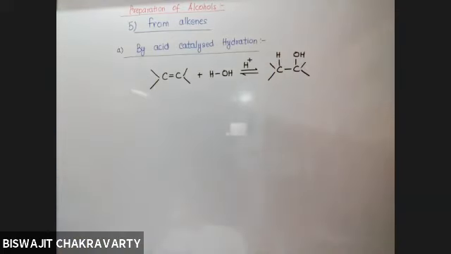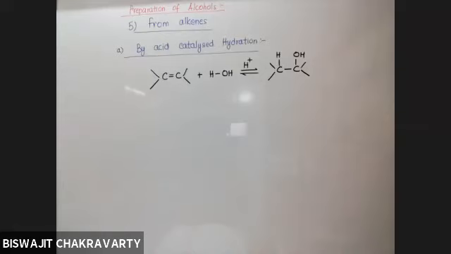Because it's a symmetrical alkene, there is no problem in addition as such. Why? Because you don't need to follow any Markovnikov's rule, as there is possibility of only one particular product that is formed. So symmetrical alkenes do not require any Markovnikov's addition.